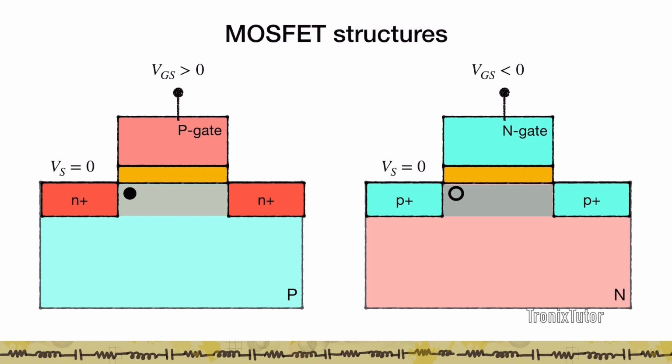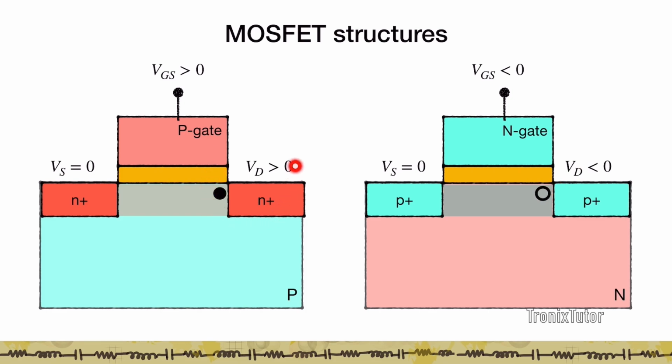Now when you want the electron and the hole to move, what do you want to do? You want to apply a negative voltage at the drain in the PMOS for the hole to move from the source to drain. Remember, carriers always move from source to drain. In the case of the PMOS, the drain is at a lower voltage than the source, and hence the hole moves from source to drain.